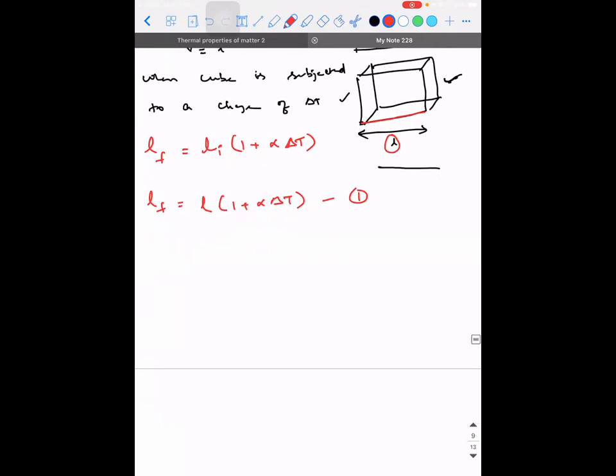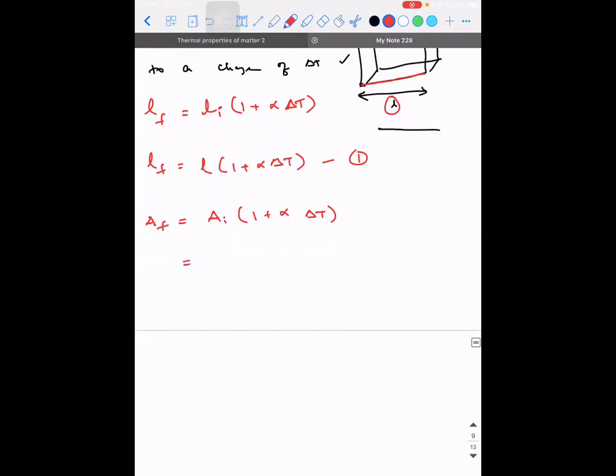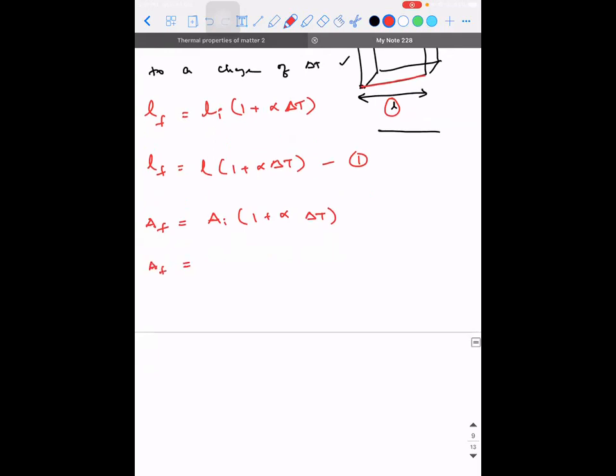Now, what can I say about its area? A final will be equal to A initial into 1 plus alpha into delta T. So what is the area of one side of a cube? See, the cube consists of how many sides?